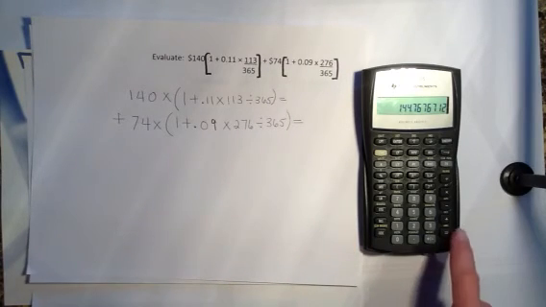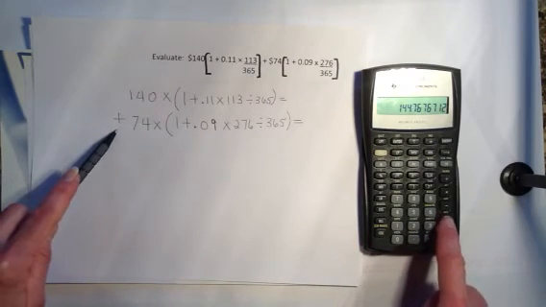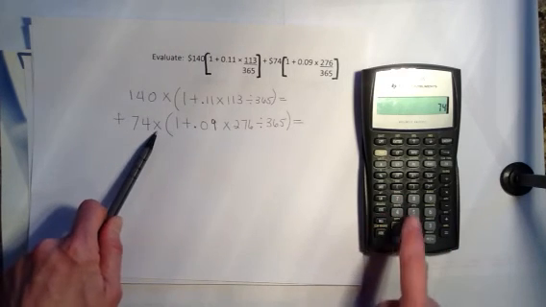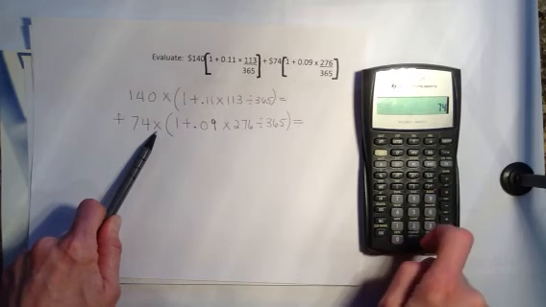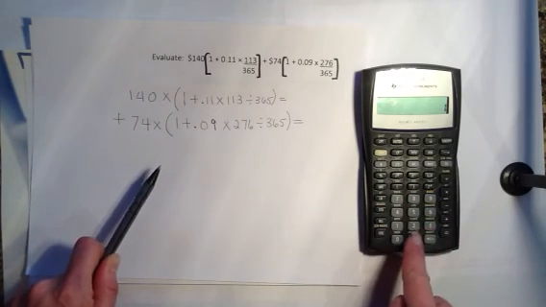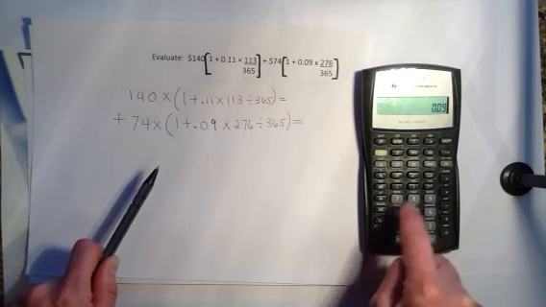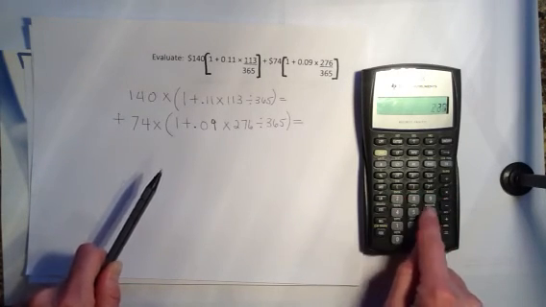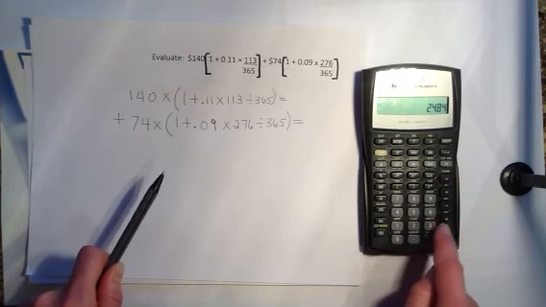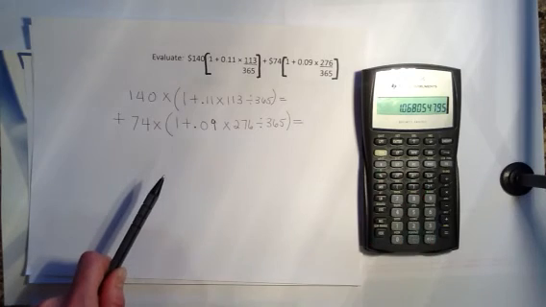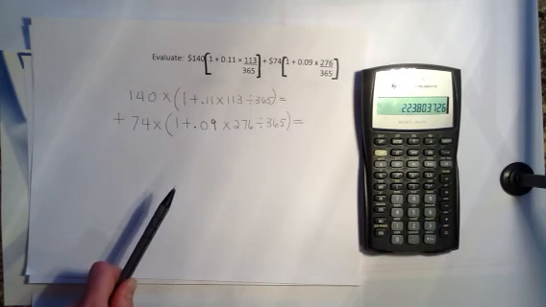So now what I'm going to do is press the plus sign, 74 times, then bracket 1 plus 0.09 times 276 divided by 365, and I'm going to close the bracket and then press the equal sign.